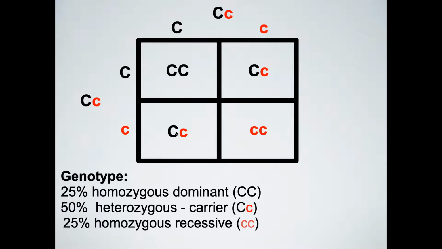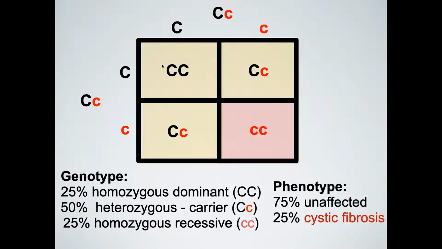That means that they are also normal, but they hold on to this recessive allele that could get passed on to their children. And then last but not least, we have one child that has cystic fibrosis because they are homozygous recessive. So phenotypically, 75% would be unaffected, 25% would have cystic fibrosis.